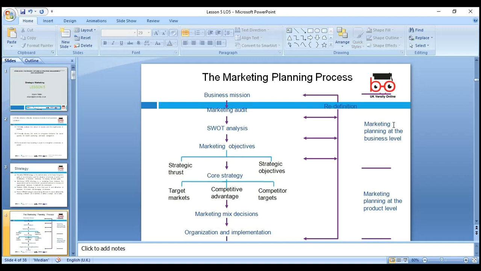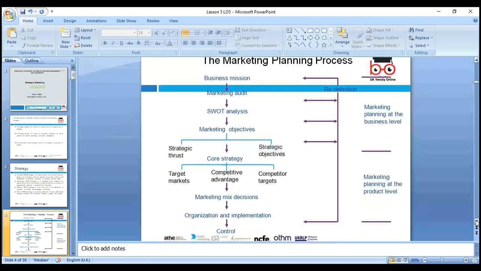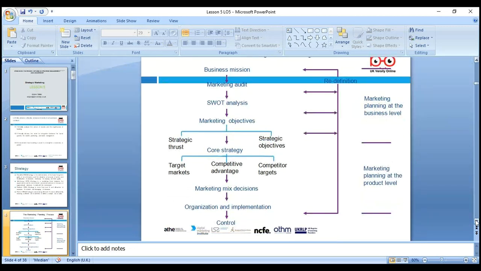Marketing objective, strategic objective, all key benchmarks, core strategies, target market, competitive advantage. What competitive advantage do we have over competitors, and how can we target the moves of our competitors, our enemies, because this is like a warfare strategy. When they move in a direction, how can I counter?